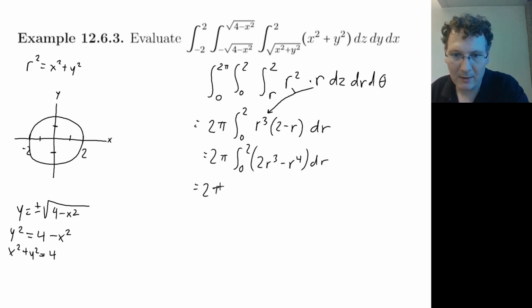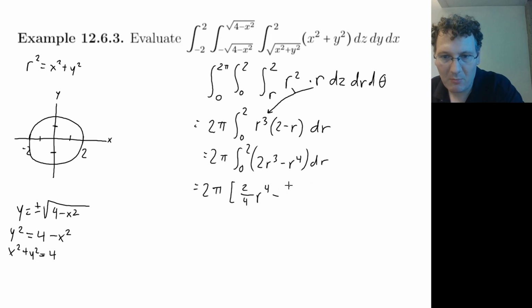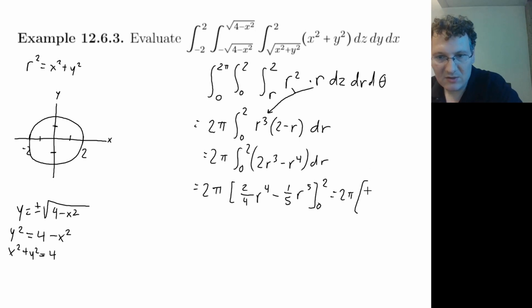We have 2 pi times 2/4 r to the fourth minus 1/5 r to the fifth from 0 to 2. This is 2 pi times 2/4 times 2 to the fourth, that's 16, minus 1/5 times 32.